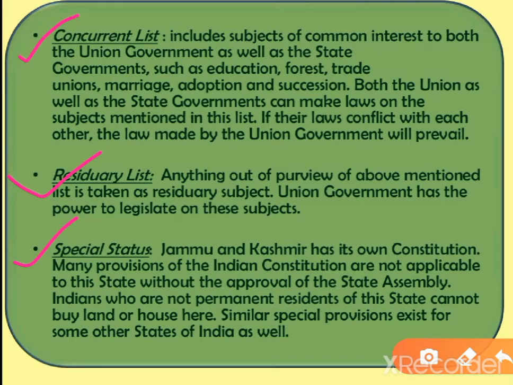Indians who are not permanent residents of the state of Jammu and Kashmir cannot buy or purchase a house there. Similarly, special provisions exist for some other states of India as well.